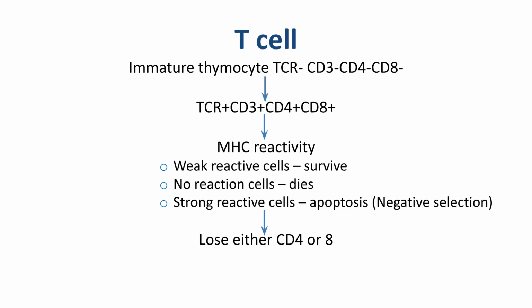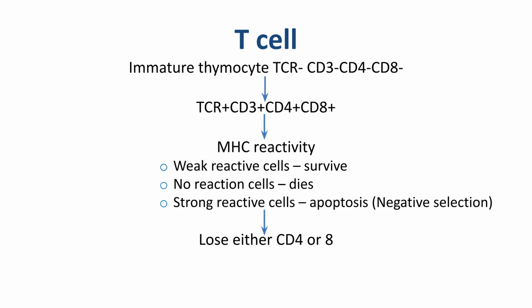T cell development in the thymus is a remarkable process, producing a diverse repertoire of T cells that recognize foreign antigens while avoiding self-reactivity. Understanding thymic selection explains how the immune system achieves self-tolerance. Immature thymocytes enter the thymus lacking TCR, CD3, CD4, and CD8 molecules, designated as double-negative cells.